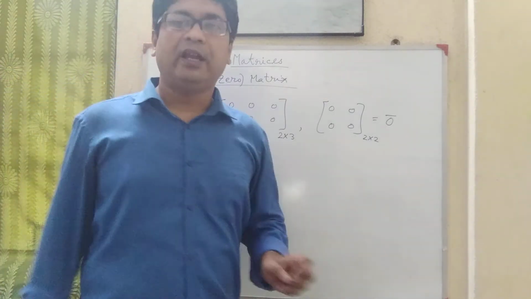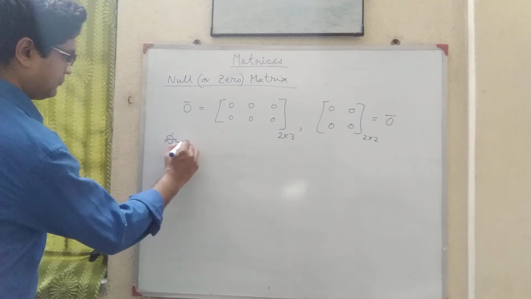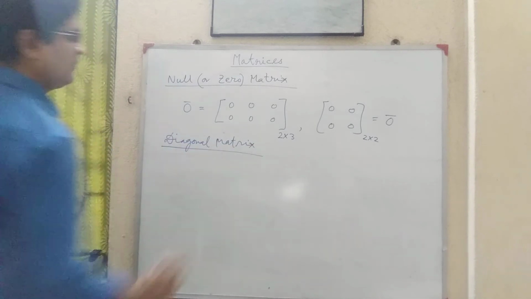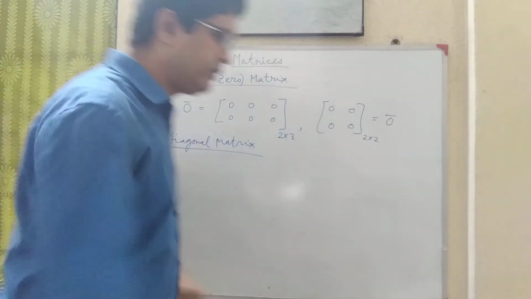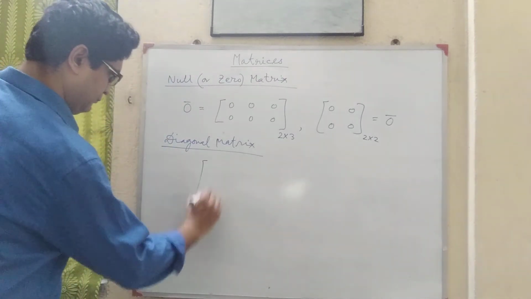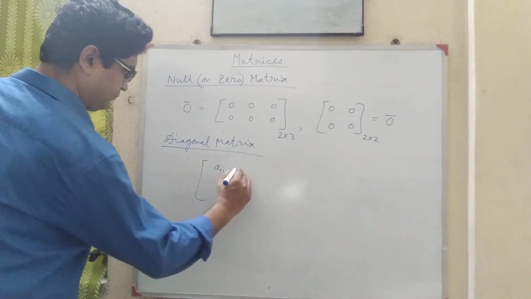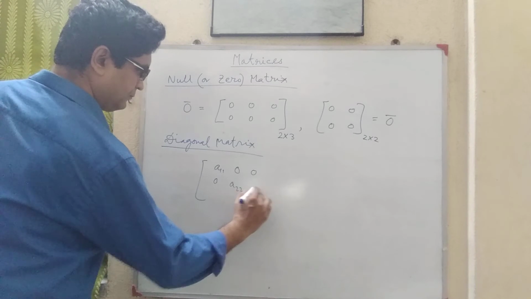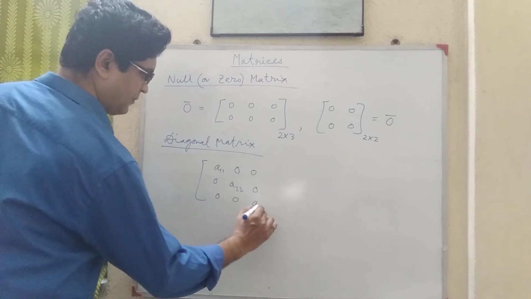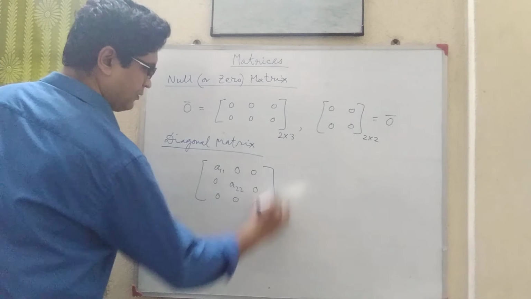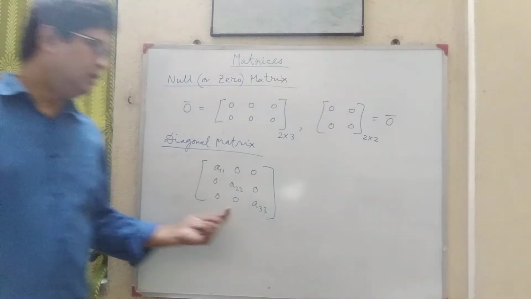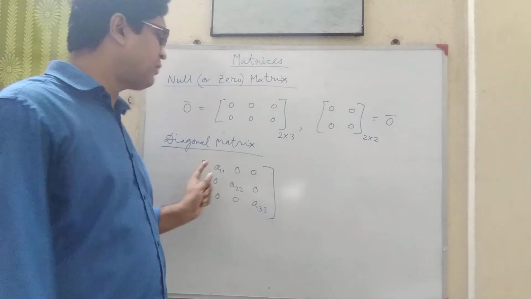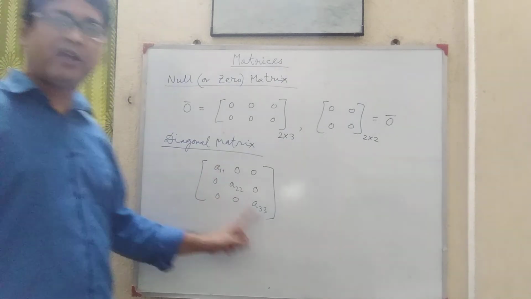Next, diagonal matrix. Diagonal matrix would be a square matrix, a square matrix if all its non-diagonal elements are 0.